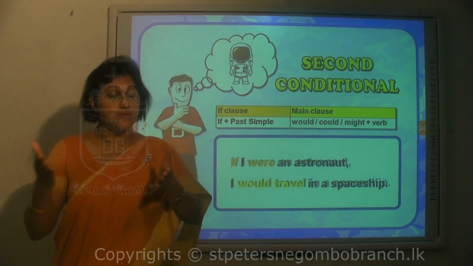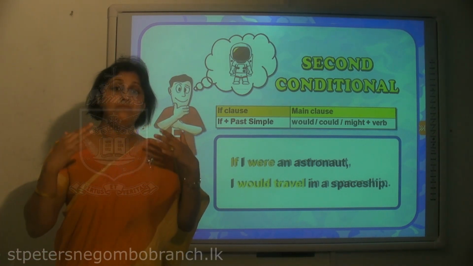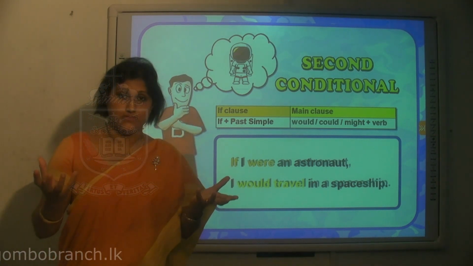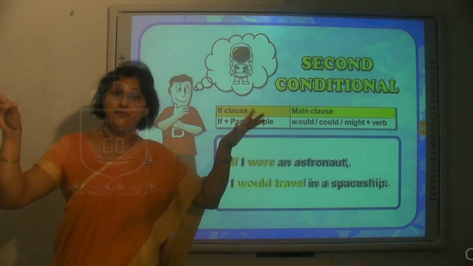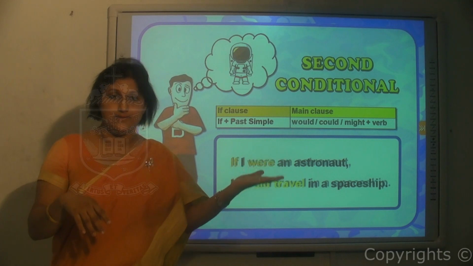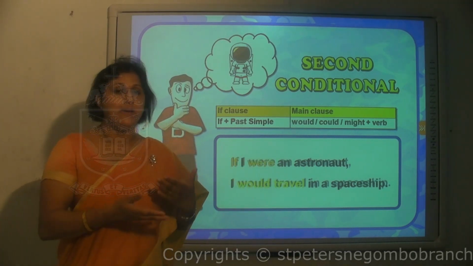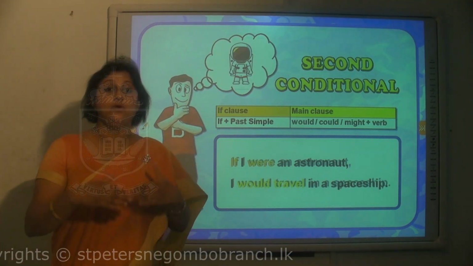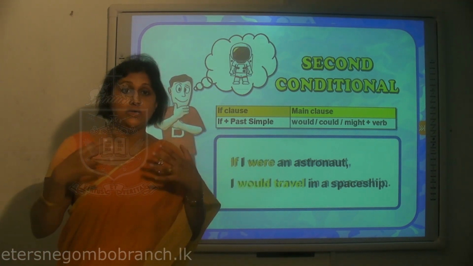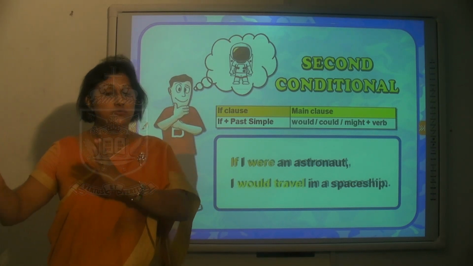Why? Because this is something to do with the past tense. The result is impossible. You are imagining the situation. If I had wings, I would fly, something like that, right? So that is your imagining. This is not going to happen in reality. There is no reality here, but you are imagining the situation.